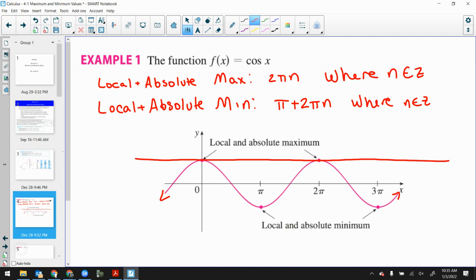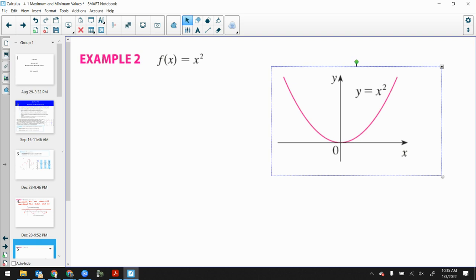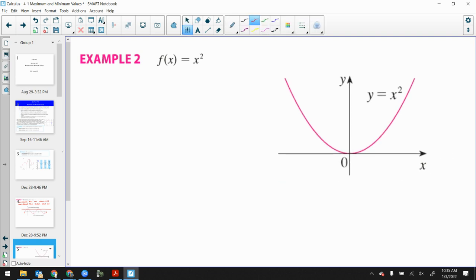So let's see, what about x squared? We're going to find any local or absolute minimums or maximums. We're just going to kind of look at it, investigate it a little bit. What about y equals x squared? F of x is equal to x squared. Okay, I see a bottoming out point.